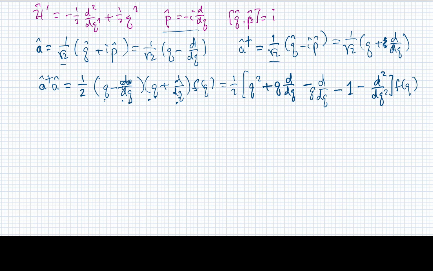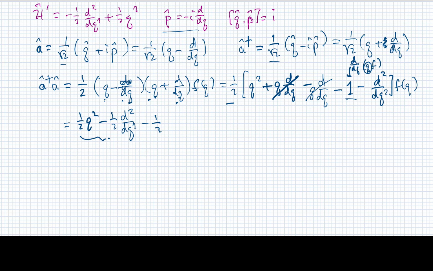So reminder, this comes from taking d/dq of q times f, and the derivative is taken with respect to the first factor of q, not to the f, so this just gives me an f. These two terms cancel one another. So I'll end up with 1/2 q squared minus 1/2 the second derivative with respect to q, minus 1/2, the minus 1/2 being this term.